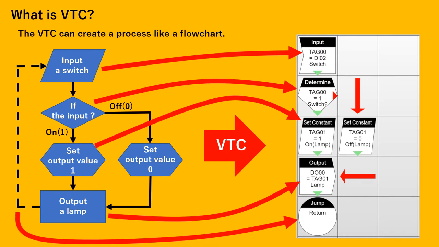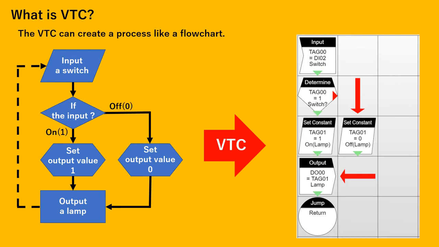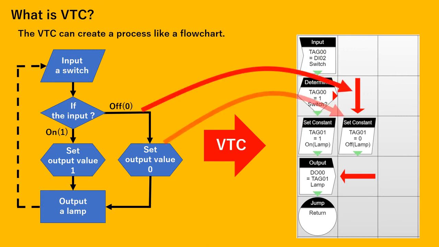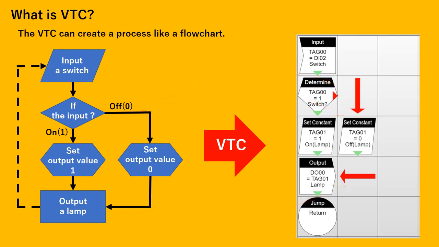This return line is the jump return. This line is here. This setting output value is this set constant. This line is here. The VTC is almost the same as a flowchart. Understanding is so easy.